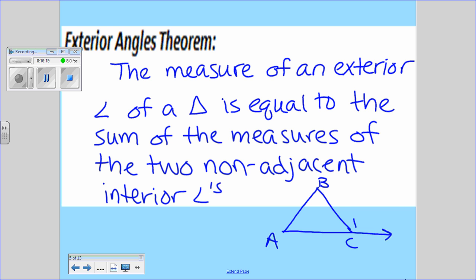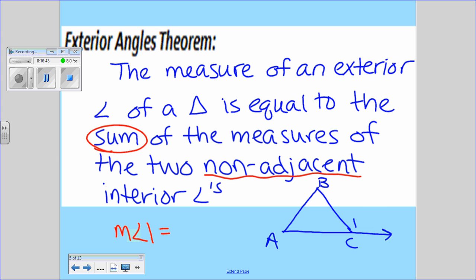All right. So what's really important here is to take note that we're talking about the non-adjacent. So anything that's not next to angle 1. So the measure of angle 1, our exterior angle, is equal to the sum of the non-adjacent interior angles.